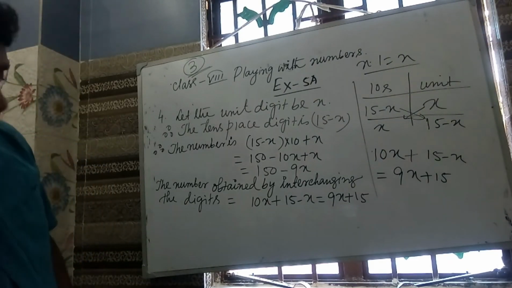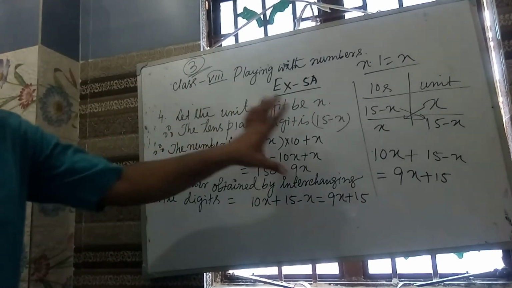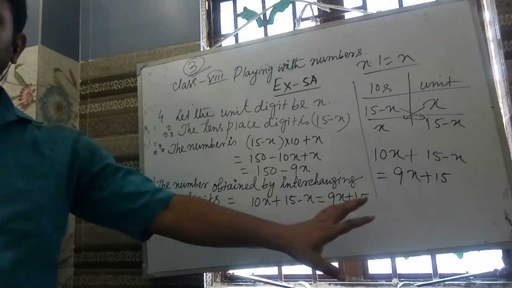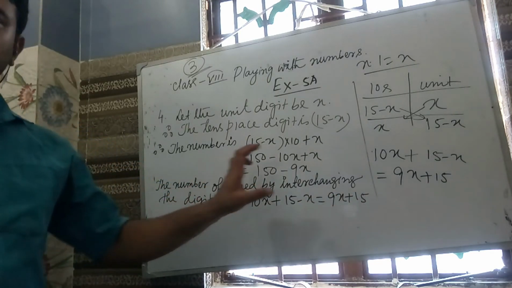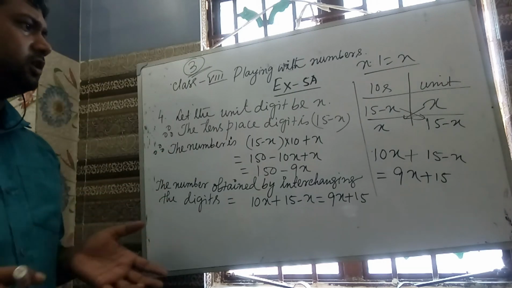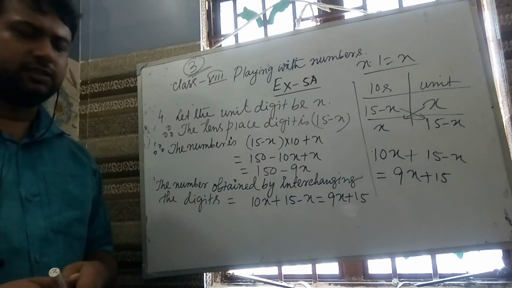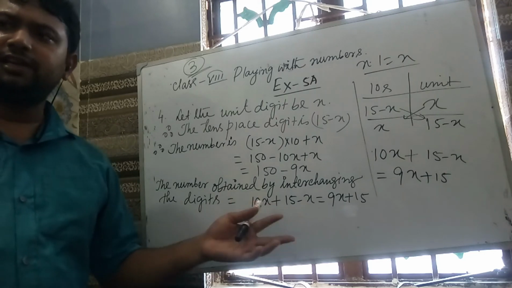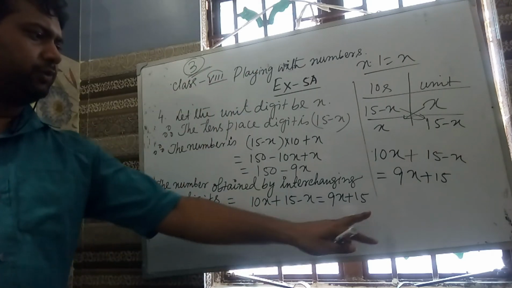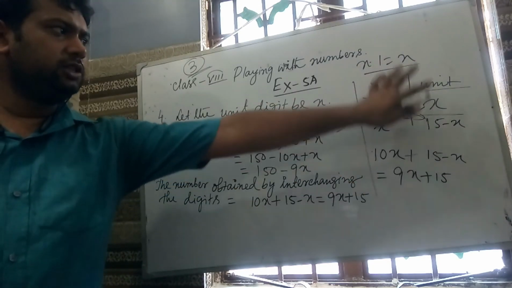I will request everyone, first of all copy the whole thing up to this step, then we will form the equation and solve it, because I have a very small board and I do not have any extra space. For the calculation part I need space, that's why I have to erase the whole thing. Do it up to here. Also copy this thing also.